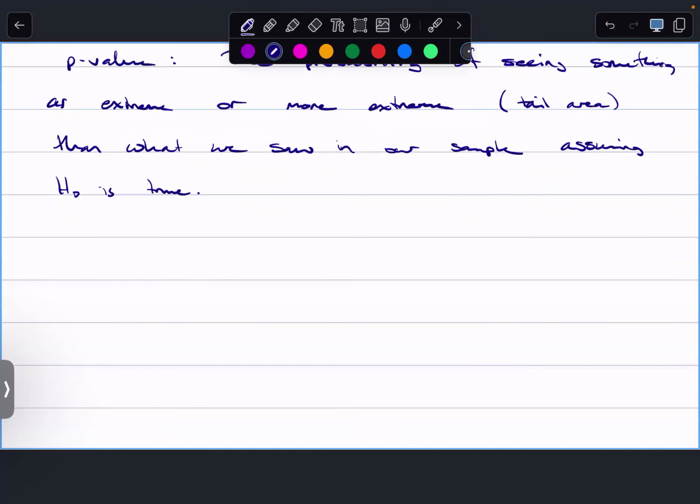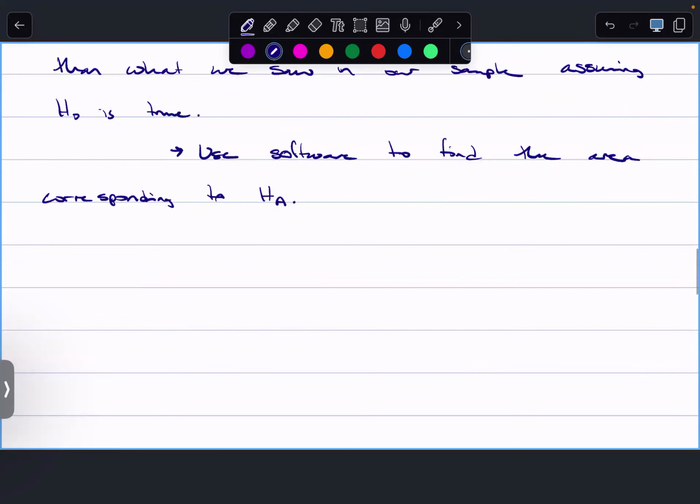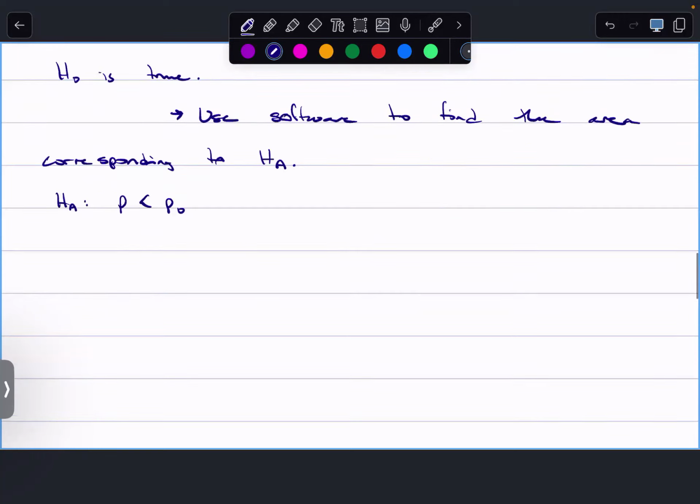And so here, use software to find the area, and here I'm going to say corresponding to the alternative hypothesis. Depending on what the alternative hypothesis is, you might have P is less than P naught.